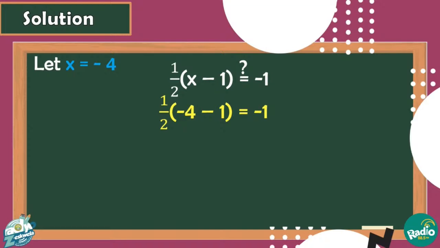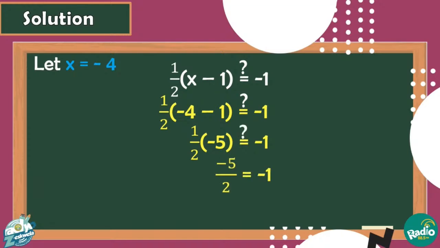And now the equation becomes 1/2 times the quantity negative 4 minus 1 is equal to negative 1. By simplifying, the equation now becomes 1/2 times negative 5 is equal to negative 1.